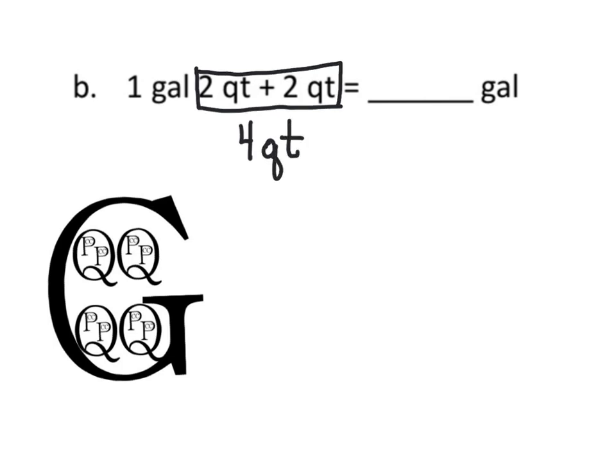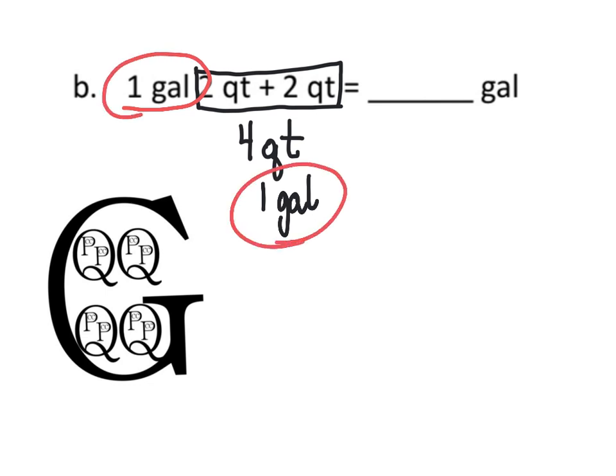Now if I look back in my G, don't we see 4 Qs? 1, 2, 3, 4. 4 quarts. So 4 quarts is equal to 1 gallon. So we've got a gallon here and a gallon here, which gives us 2 gallons.